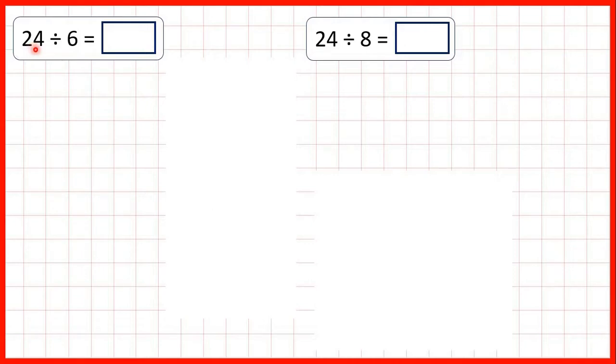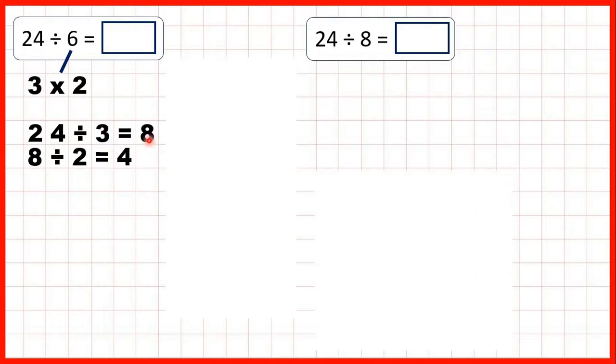So, if we have 24 divided by 6, but we don't know our 6 times table, we could use the factor pairs 3 and 2 to divide. So first, we could divide 24 by 3 to get 8, and then we could take that 8 and divide it by the other factor pair, so divide it by 2 to get 4 as our answer.